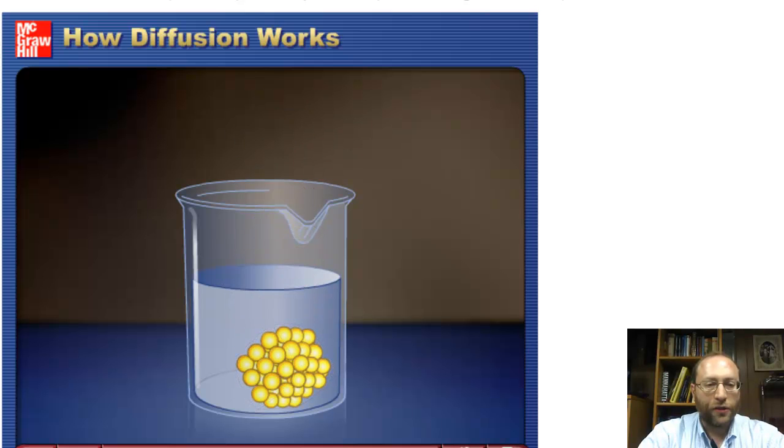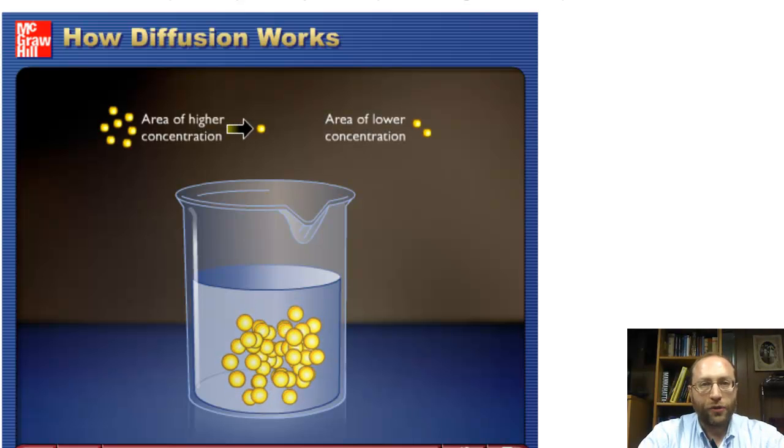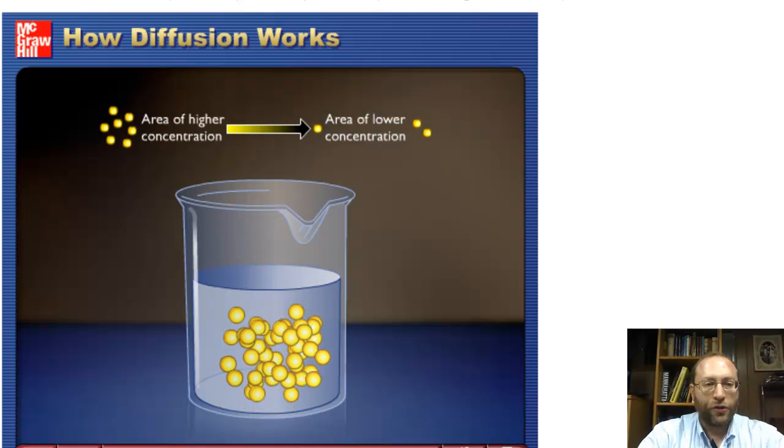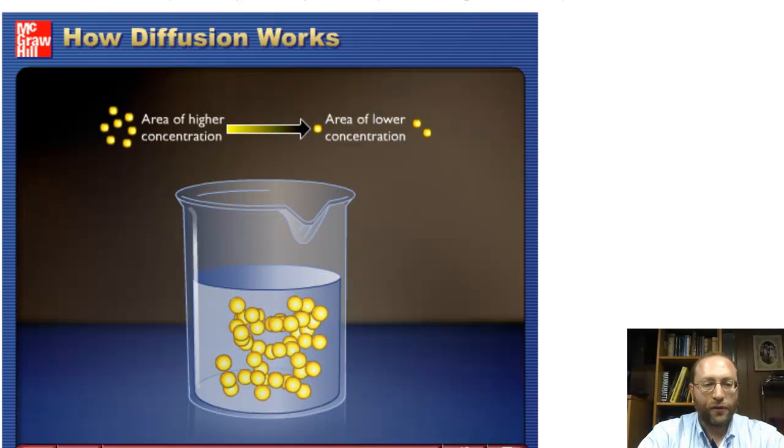So it begins to dissolve, and you see that it's dissolved, but they're all really close together, and the sugar molecules are randomly moving around, and just through that random motion, they just tend to go from where you have a lot of them to where you just have a little of them. So they're going from an area of higher concentration to lower concentration, and that just simply is diffusion.